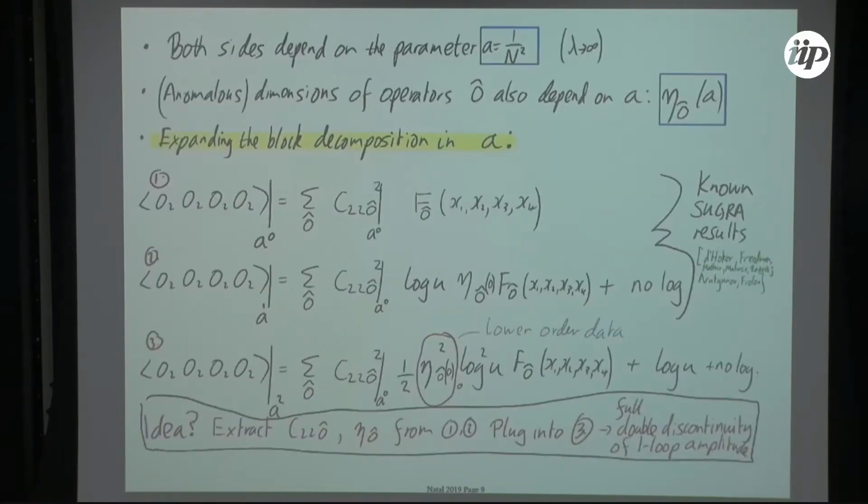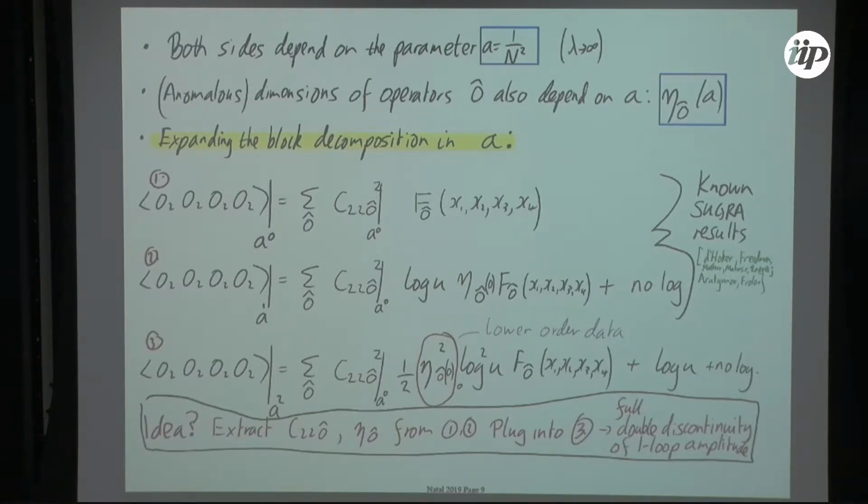Of course, you get other terms as well, but the only term that has a log squared u is c squared times eta squared. And so the main point here is that if you know these two terms, then you might think, if you're very naive, I can just extract this term.